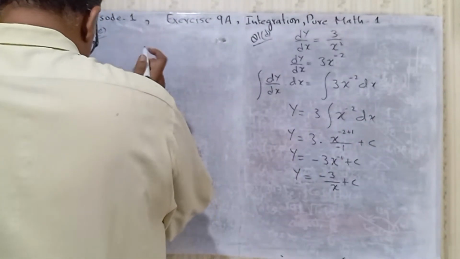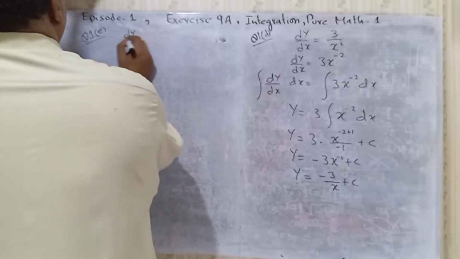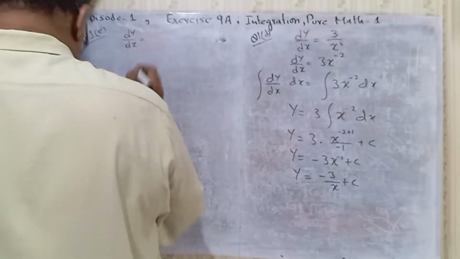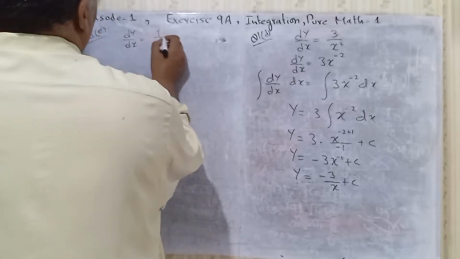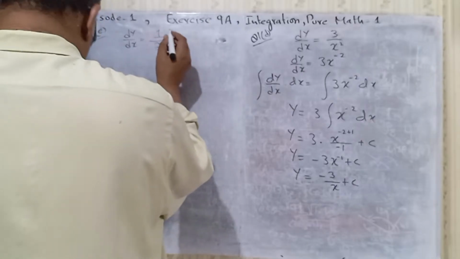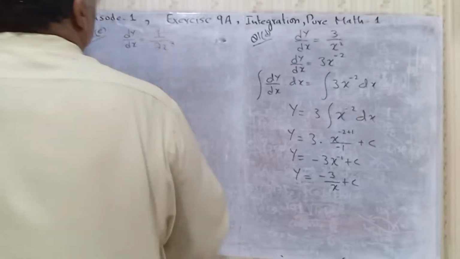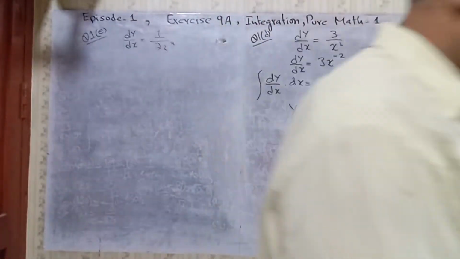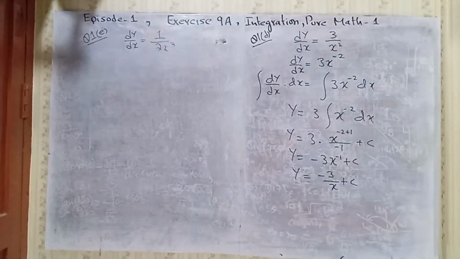Here he says that the dy by the dx is equals to 1 divided by 2x raised to power 3. In the denominator, we have x raised to power 3.